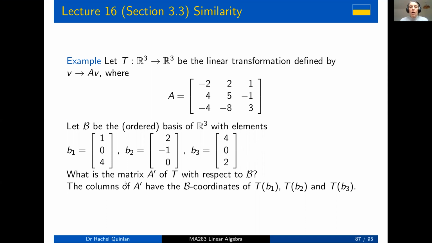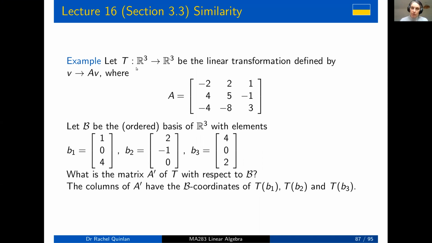Okay, question. If we were to write the matrix of this same linear transformation with respect to the basis B, what would that matrix look like? The matrix of T with respect to B should have as its three columns the vectors which have the coordinates with respect to B of the images under T of the basis vectors B1, B2, and B3.